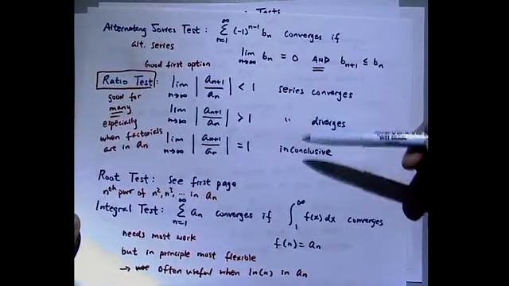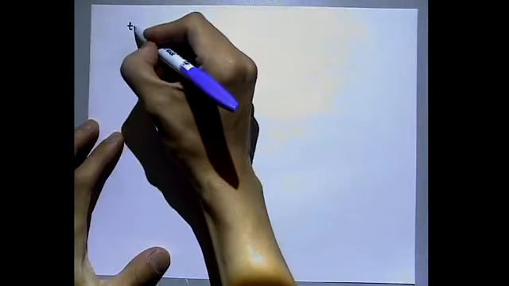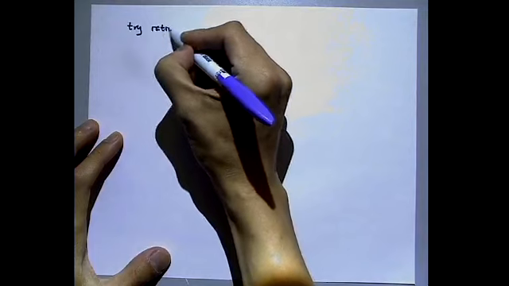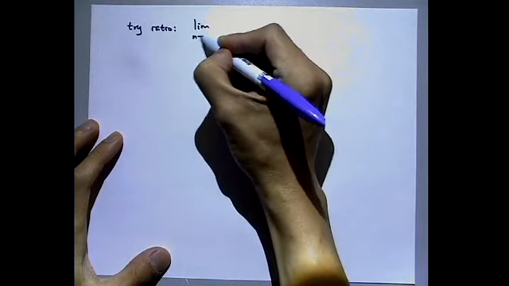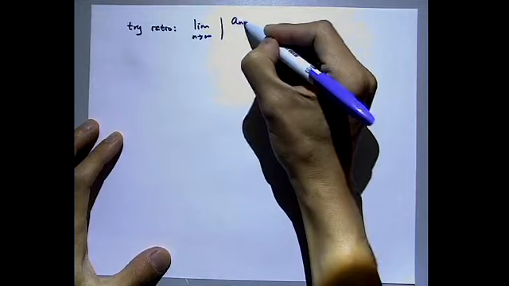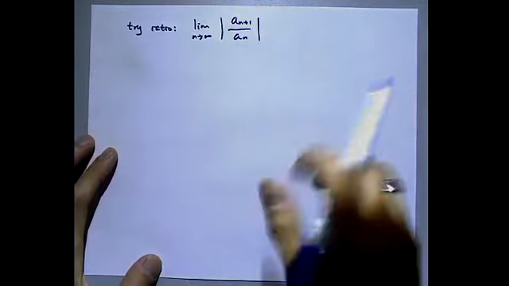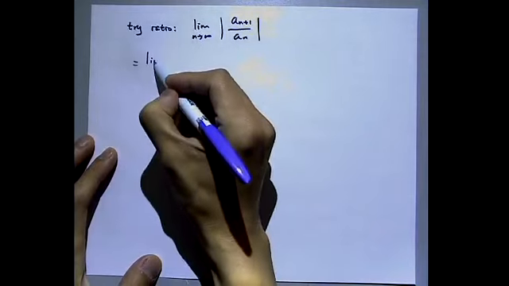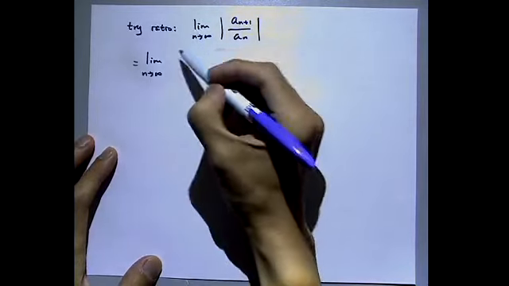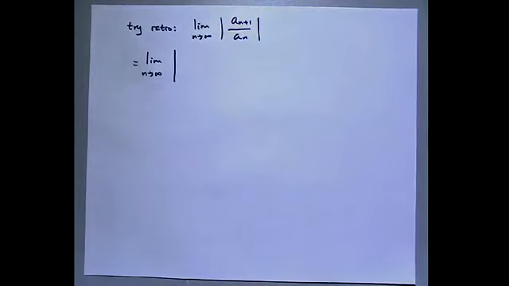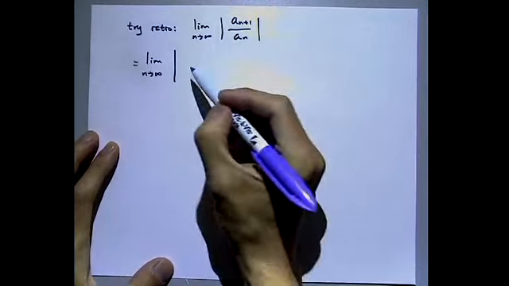How about ratio? Want to try ratio? See what it tells you? Let's try ratio. And with ratio, you carry out the work and you pray that it doesn't go to exactly 1, because then all of that work is for nothing.